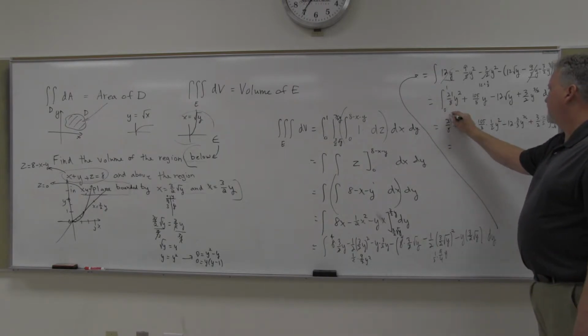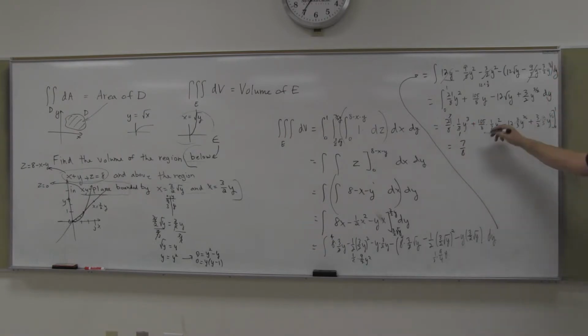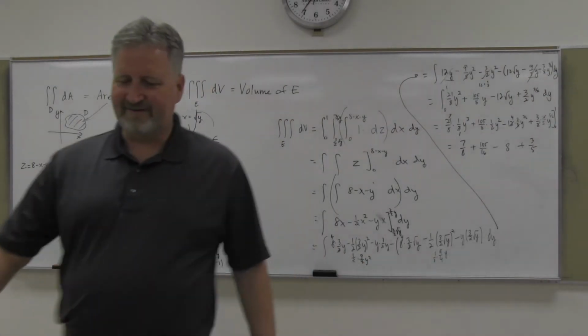So that's 7 eighths, because plug in the 1, you got 1s for the y, and the zeros are going to be zeros. So this is going to be 7 eighths plus 105 over 16 minus 8, and that'll be 3/5. I think that's what I got.